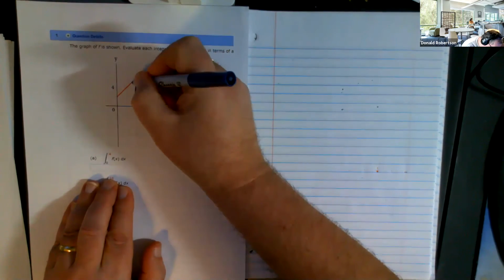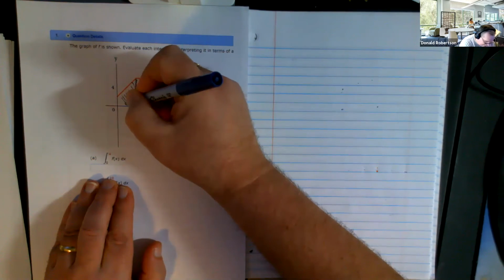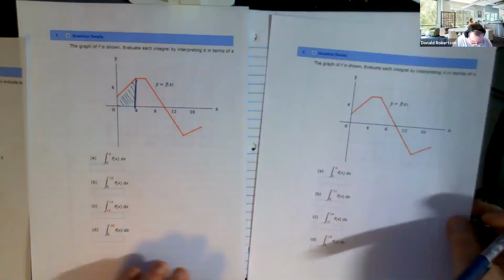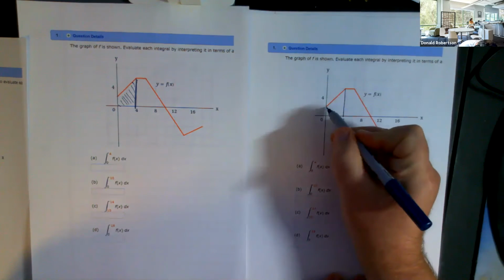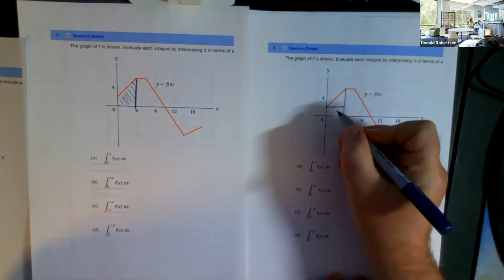Isn't it basically that shape? Area under the curve. Now, do you notice that that shape can actually be done relatively easily by splitting the shape into 2 pieces.